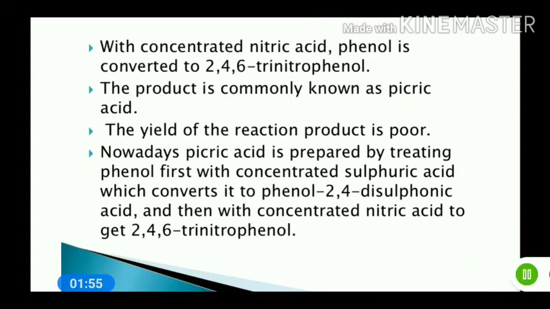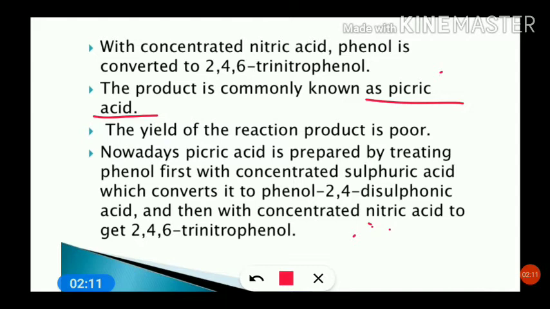So the name picric acid is given. A reaction can be asked for the same picric acid: how can you synthesize picric acid? The structure for picric acid we will see on the next page.